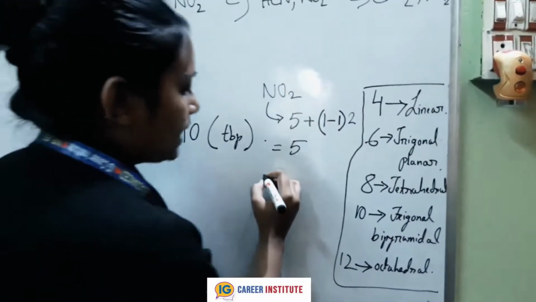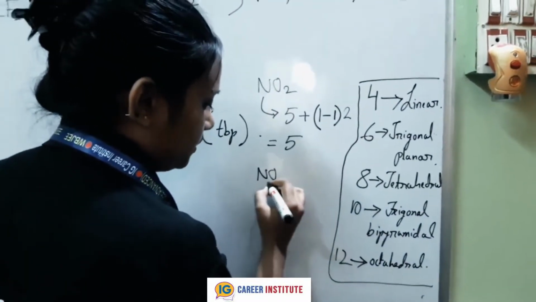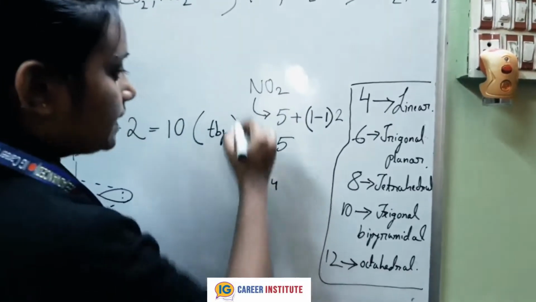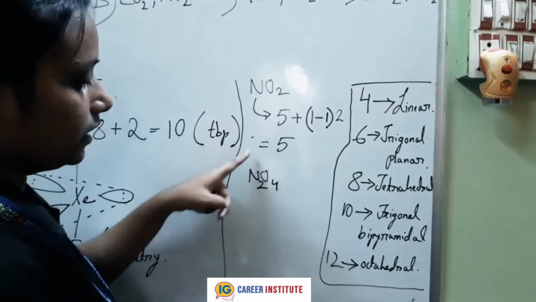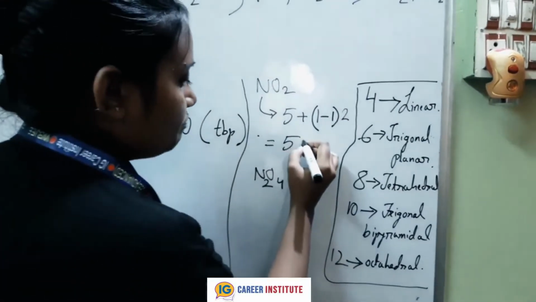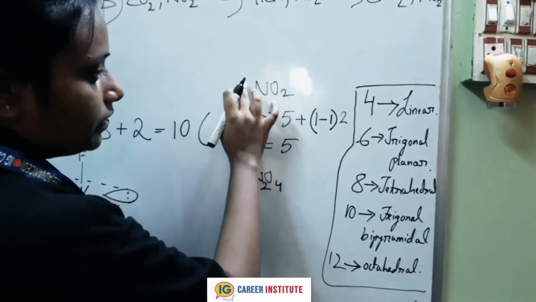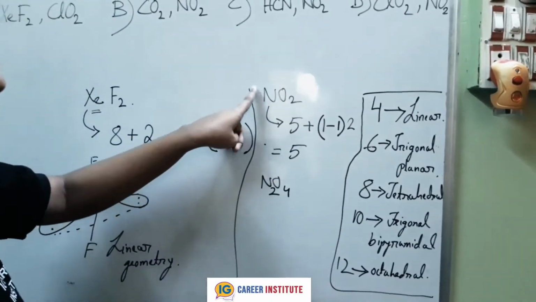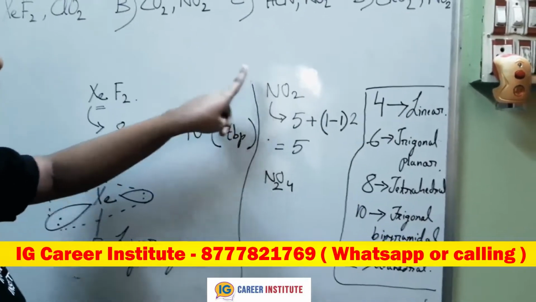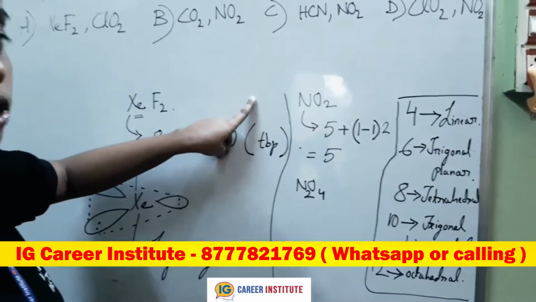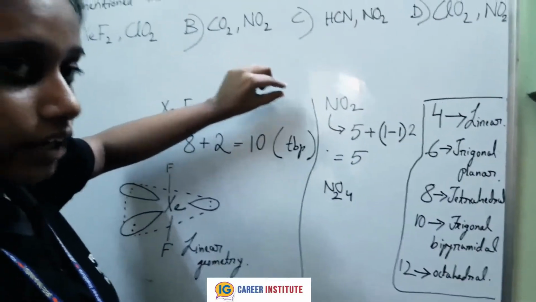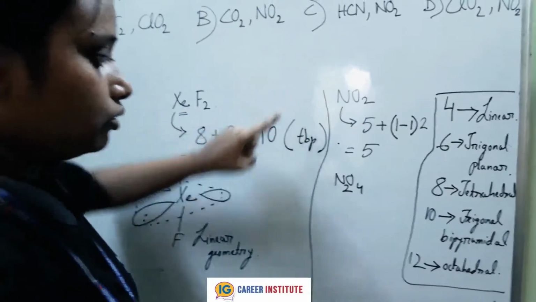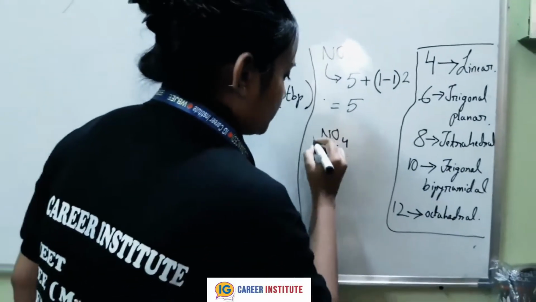Basically NO2 has been found to form dimer N2O4. They exist in the dimer state. So 5 + 5, there will be one unpaired single electron present over the nitrogen, and this will bond with another nitrogen's single electron situated on another nitrogen, and they will form a dimer basically.